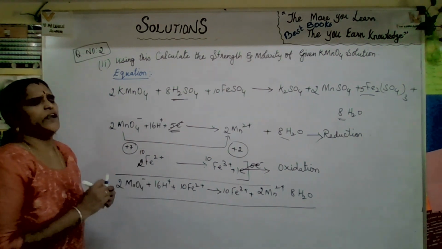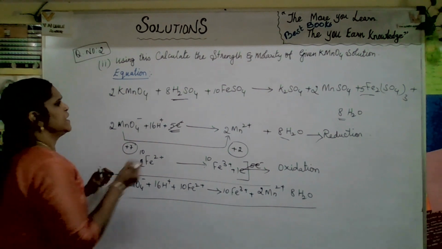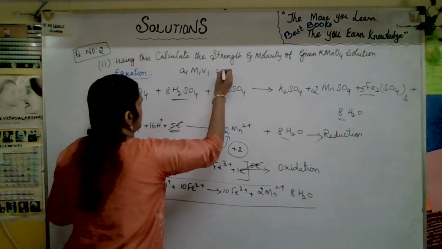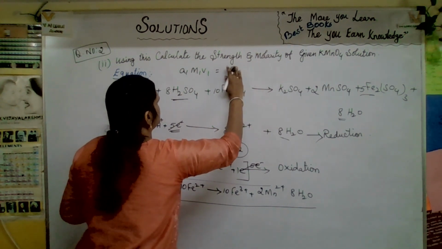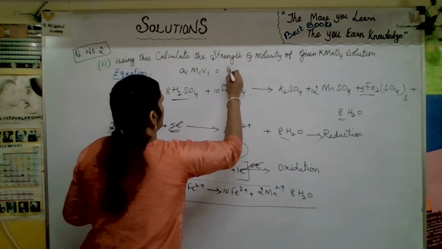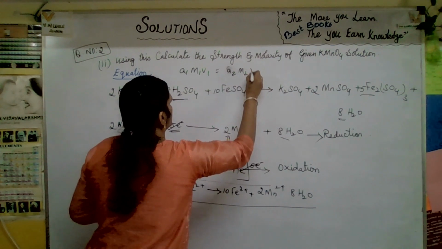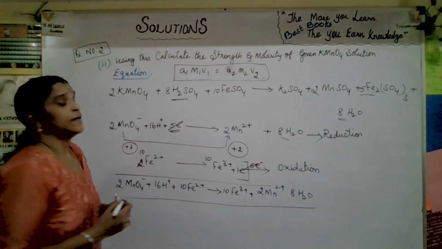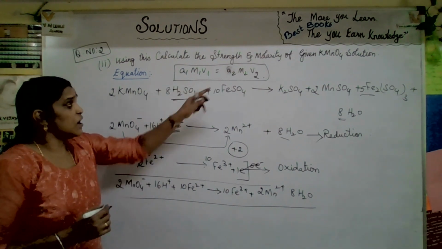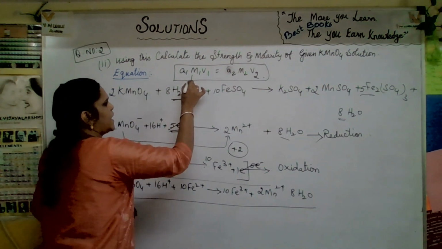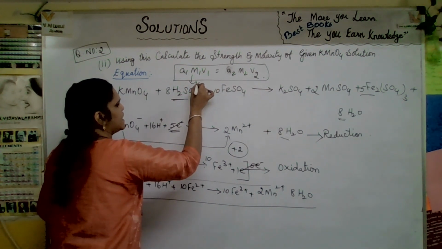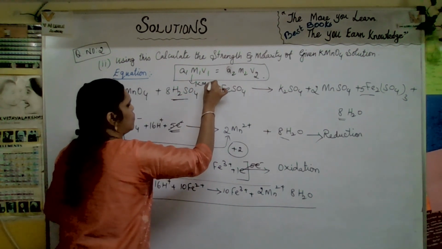Okay, now let us identify A1 M1 V1 equal to A2 M2 V2. Let us identify this complete equation and what is applicable. Here A1 M1 V1 is related to KMnO4.